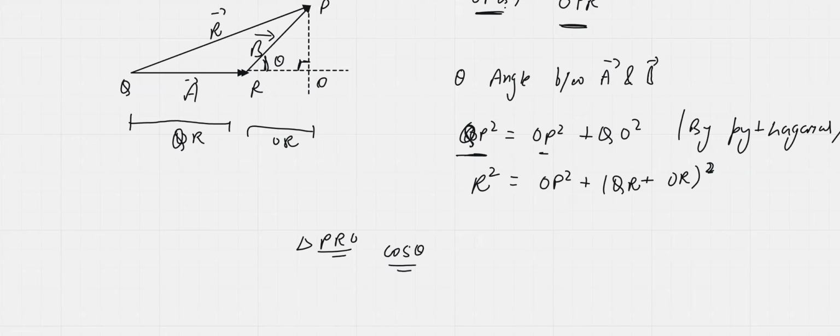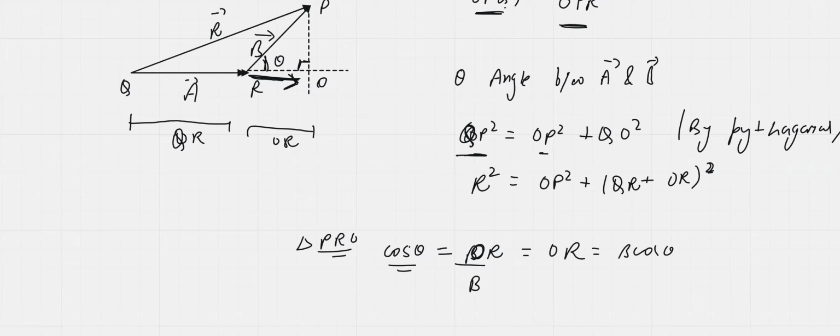If I do the cos theta, I will be getting this length. This particular length is nothing but base upon hypotenuse. What is hypotenuse? That is B. B is magnitude, right? So from here you have got OR is equals to B times of cos theta.